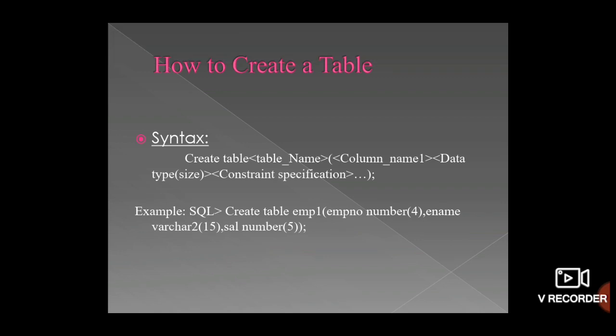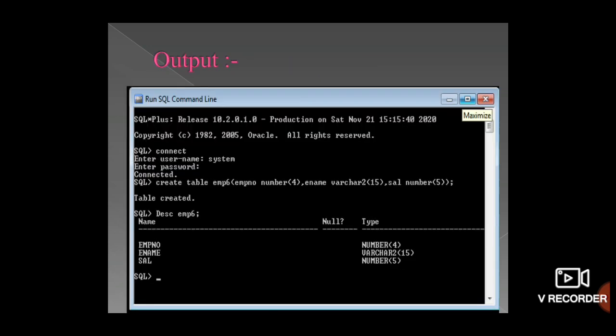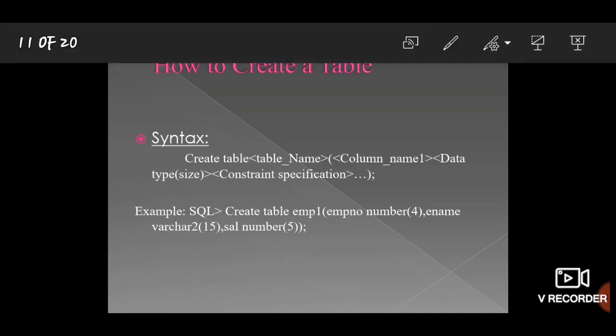So here, to create an employee ID, we need some numbers, right? If I'm going to create an ID with 4 digits, I need a size value. Here I had written 4, right? You can see here I had taken number 4, meaning the size of an employee ID is 4.